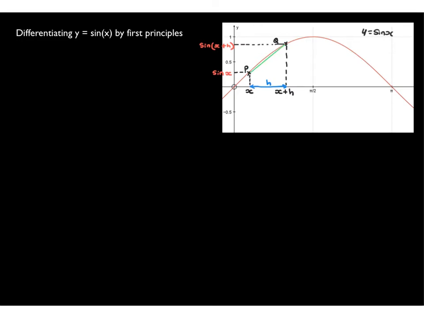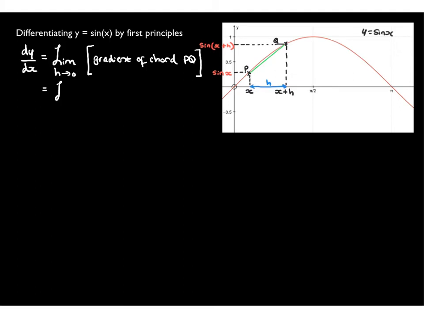So, what do we know about differentiation by first principles? Well, we know that the gradient of the function, dy by dx, is equal to the limit as h approaches 0 of the gradient of the chord PQ.